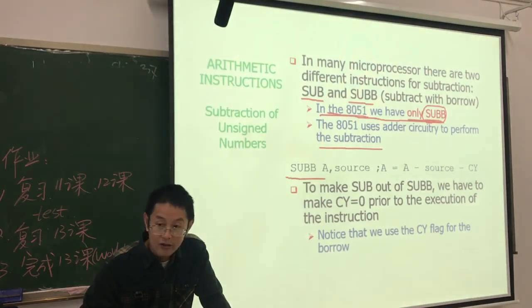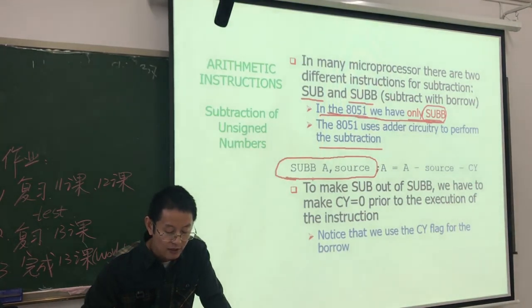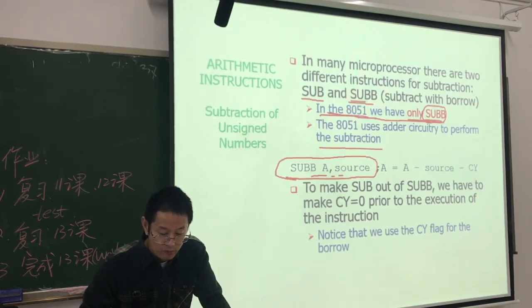This is the instruction format: SUBB A, source. To make SUB out of SUBB, we have to make CY equal to 0 prior to the execution of the instruction. SUBB is subtract with borrow.